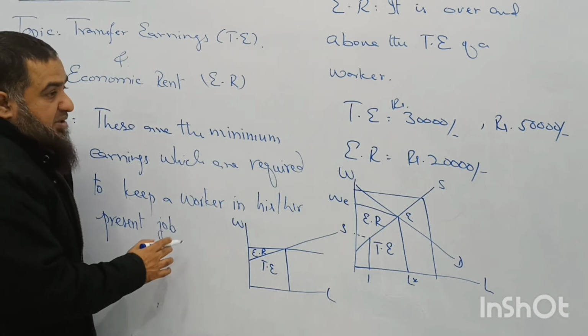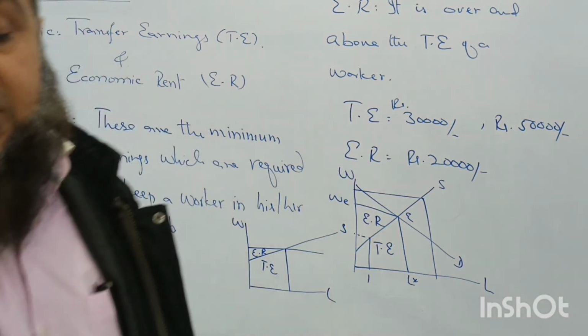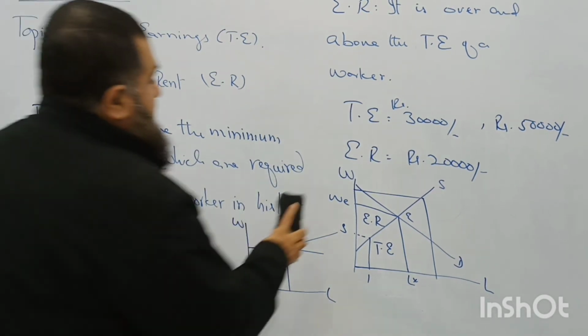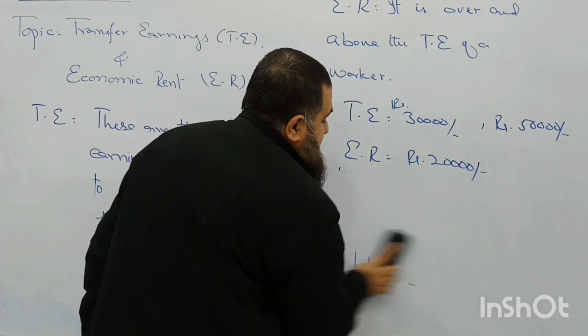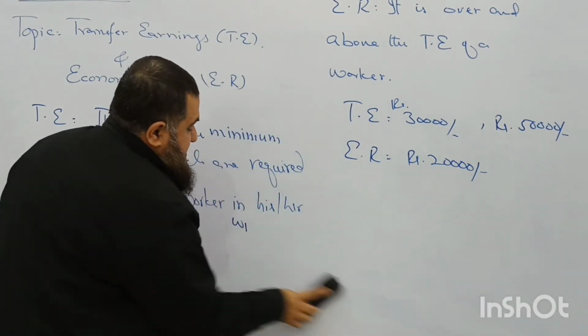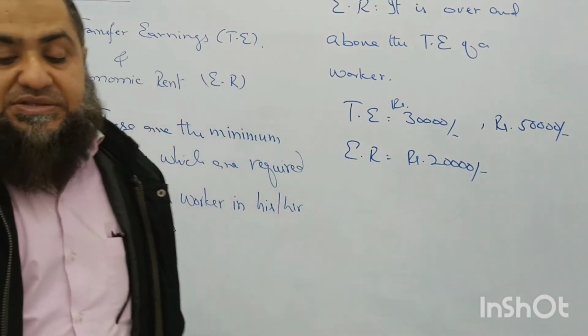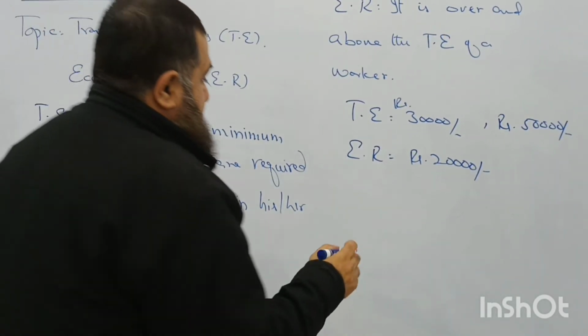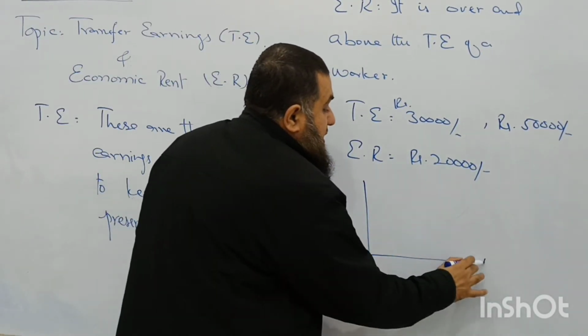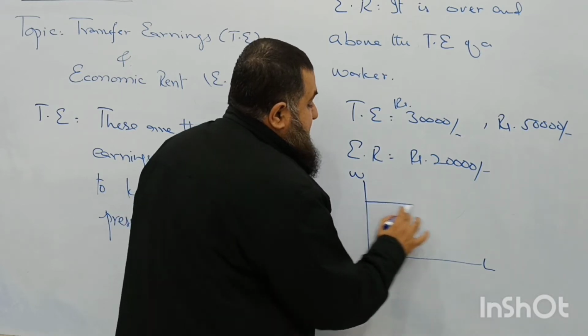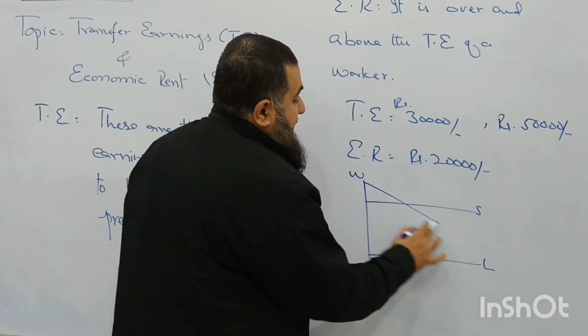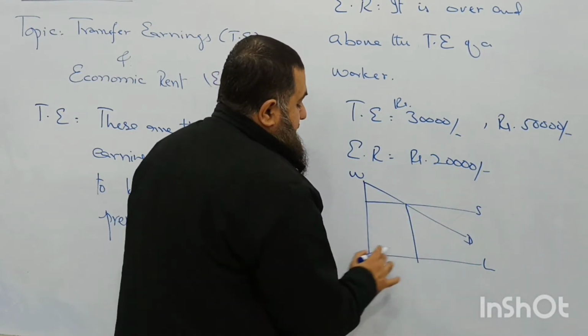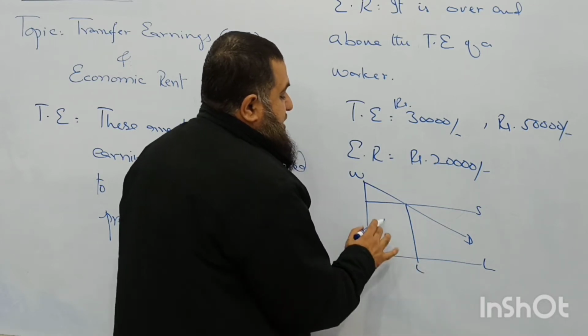And if the labor supply curve is perfectly elastic, what happens in that case? Let me say the labor supply curve is like this and we have this labor demand, what type of earnings are they going to have?